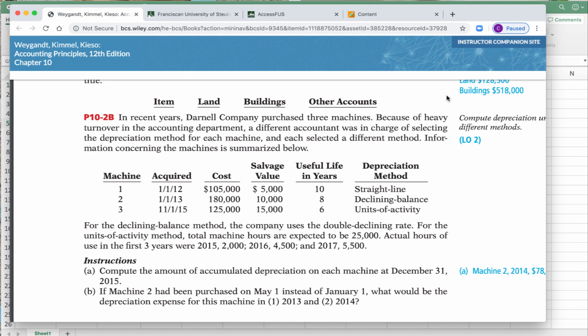That's part A. Part B says if machine 2 had been purchased on May 1st instead of January 1st, what would be the depreciation expense for this machine in year 2013 and in year 2014? We'll take care of that in a second. Let's just focus on A. A wants us to basically calculate accumulated depreciation over a number of years and give our total.